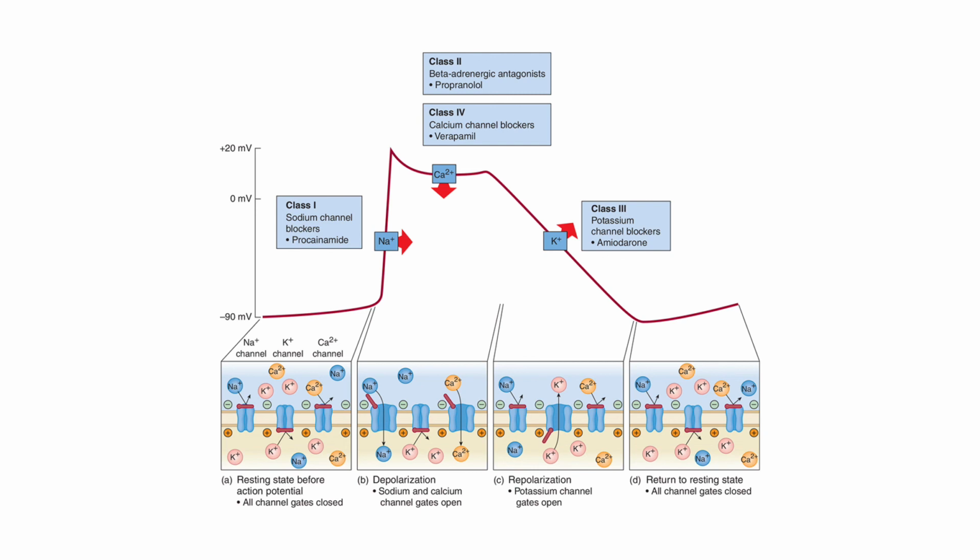And of course there's class 2, the beta blockers. So I don't think you need to remember everything about the action potential, but just know that there's 4 classes. Here are the 4 classes. Know the prototypes in the class. And that goes for all beta blockers. They'd all be class 2, and the calcium channel blockers that impact the heart, such as verapamil and diltiazem, are antiarrhythmics as well.